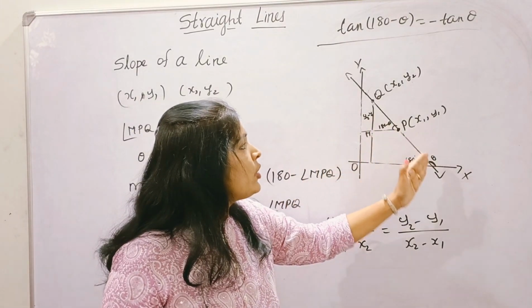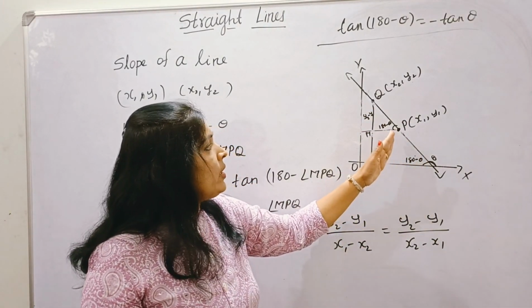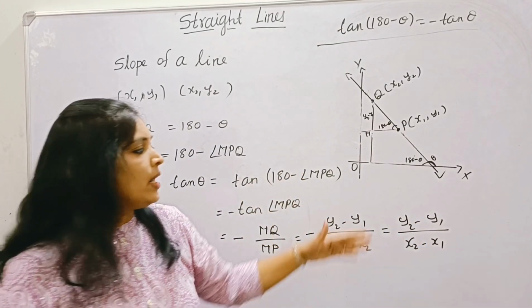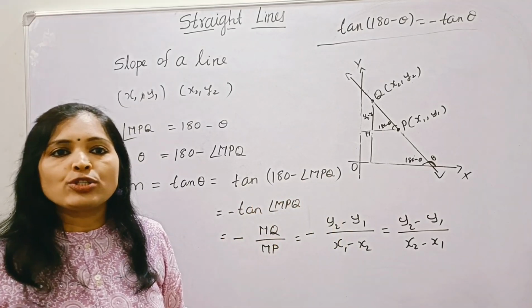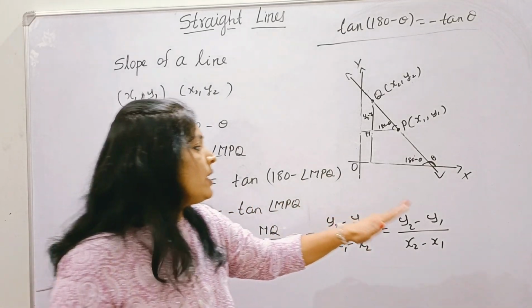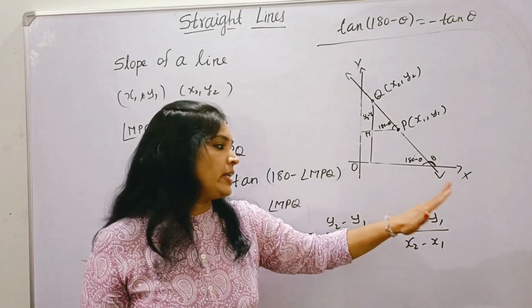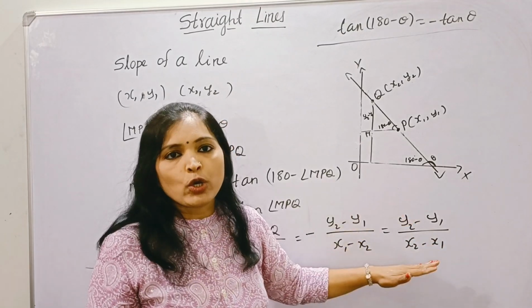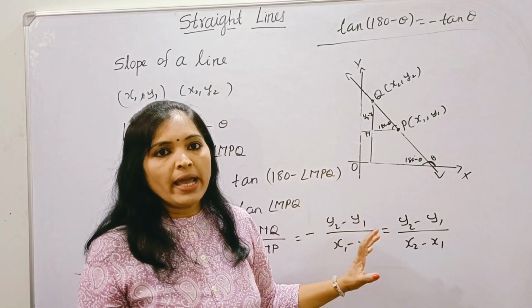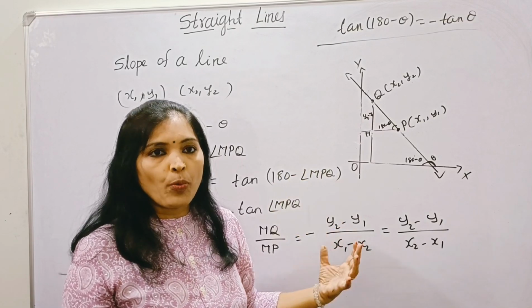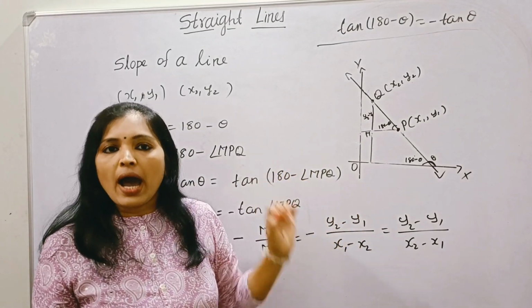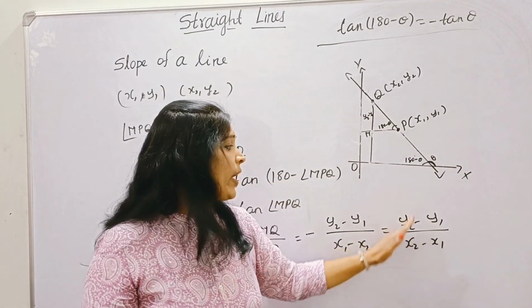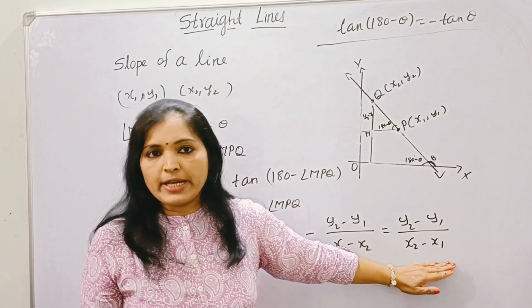So if 2 points are given, whether theta is an obtuse angle or an acute angle, if x1, y1 and x2, y2 are 2 points on the straight line, the slope of the line is y2 minus y1 divided by x2 minus x1. Remember, next year also you have to study the slope of the straight line when 2 points x1, y1 and x2, y2 on the line are given; the slope is y2 minus y1 divided by x2 minus x1.